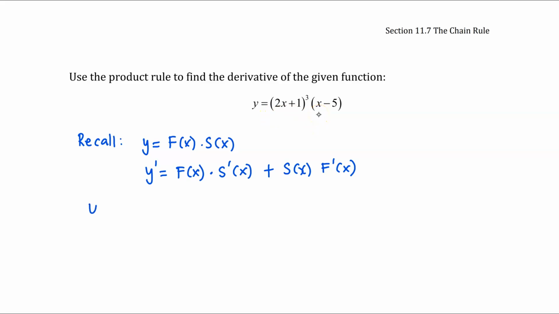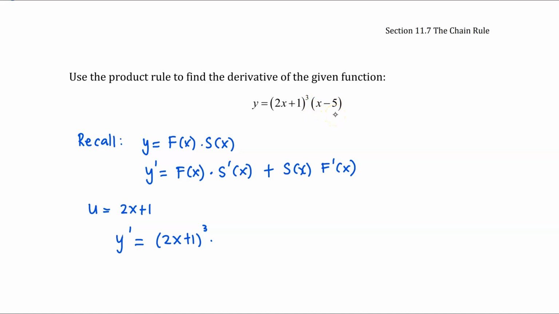If you think of u as 2x plus 1, then differentiating this will be y prime is equal to, copy the first, so that is (2x plus 1) cubed times the derivative of the second function.